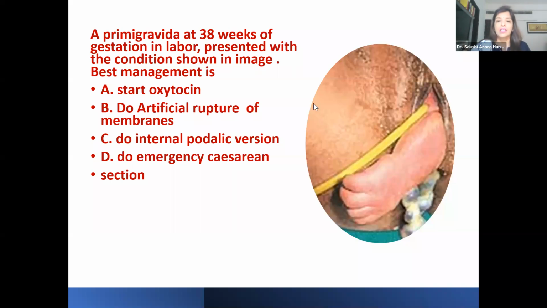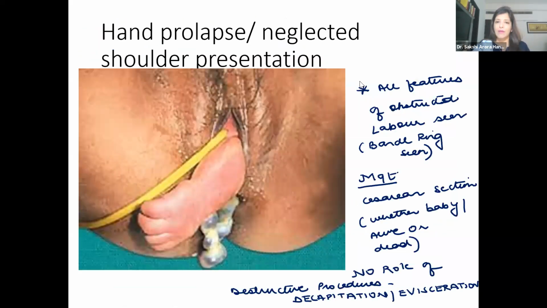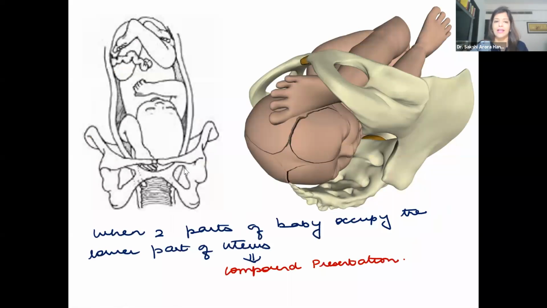Also remember that if you are getting hand prolapse and the head of the fetus is also appearing, so if both head and hand, or head and any limb, it could be hand or feet, are trying to come out together, that means it's a case of compound presentation. If you are getting head plus any of the limbs together, you can palpate it. That means it's a case of compound presentation. And in compound presentation also you have to go for cesarean section.